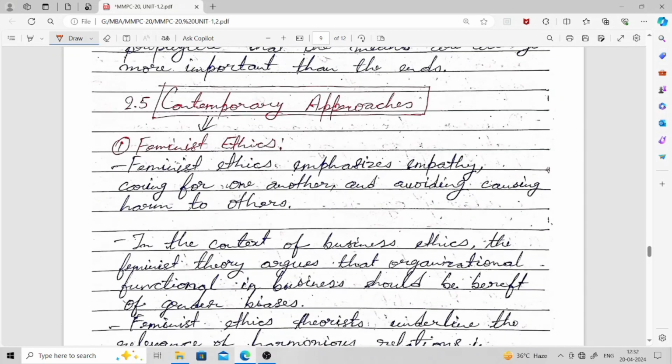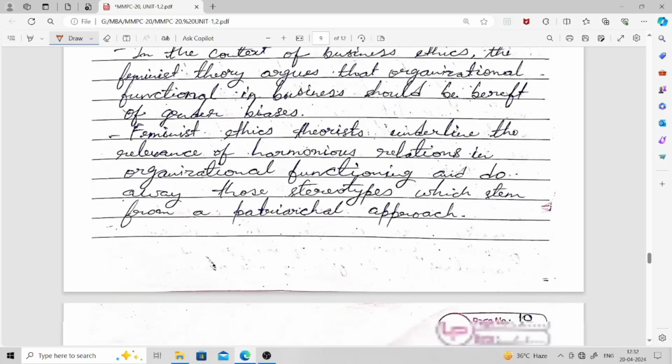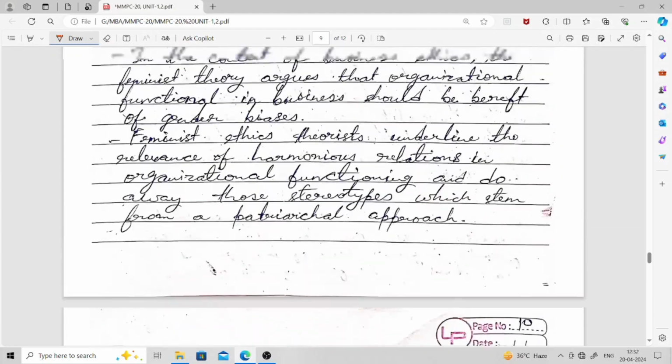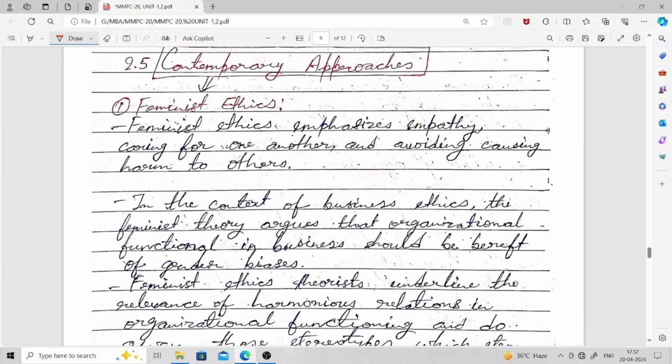Next you have contemporary approaches. What are contemporary approaches? Contemporary approaches of ethical decision, or you can say contemporary approaches of ethics. The first contemporary approach that is given is feminist ethics.